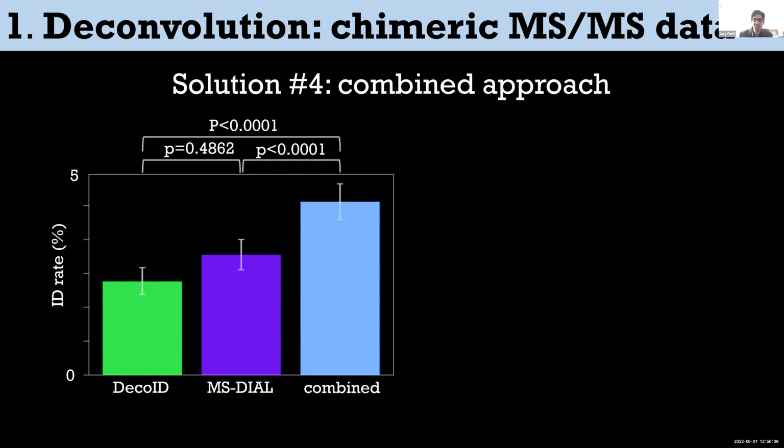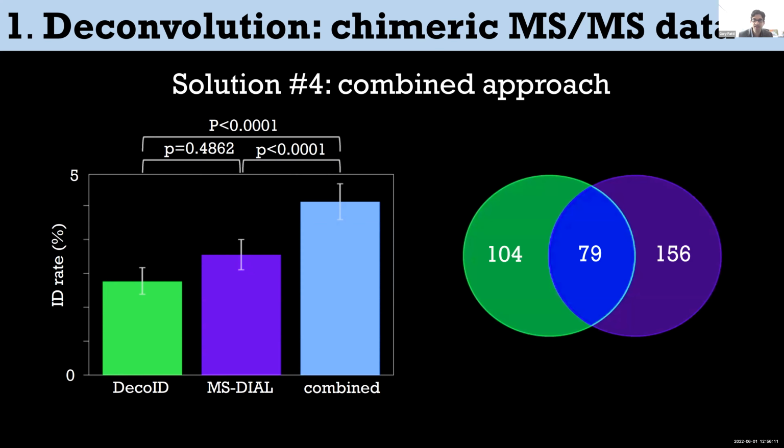And perhaps not surprisingly, if we go in and look at the compounds that we were able to successfully identify with DecoID or MS-Dial, there are cases when they both worked, where they both successfully achieved deconvolution. But there are also chimeric cases where only DecoID worked and MS-Dial didn't, or only MS-Dial worked and DecoID didn't. So again, I think they're highly complementary, and I think using both in conjunction is a really good way to go.